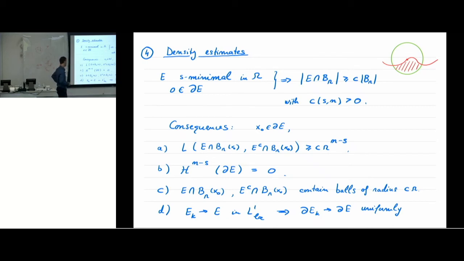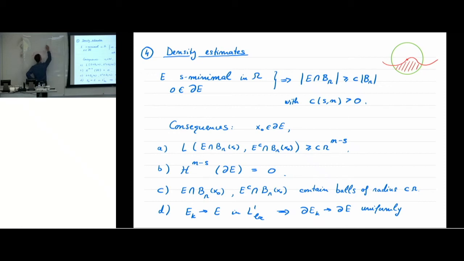And also, this goes back to the convergence. If I have some E_k converging to E in L1 loc, once I have density estimates, you can say that the boundaries of E_k converge to the boundary of E uniformly. They stay in a band. And the reason is this. If you think this is the limiting set, and you have some E_k that converge to E, but you say, well, I only know it in measure.